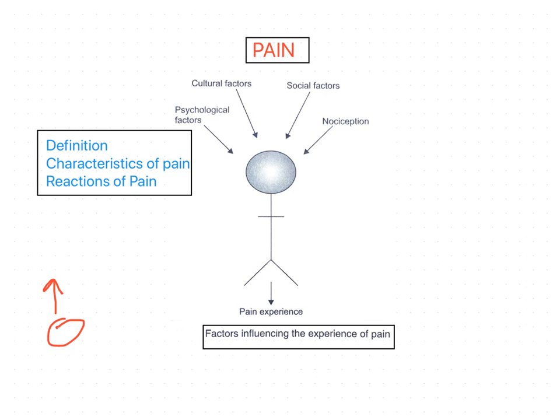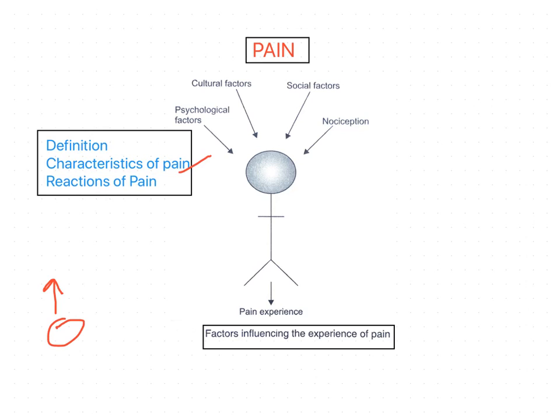And if you see the localization of pain, superficial pain is better localized than deep pain. Pain sensations are always accompanied by emotions. If the rate of tissue injury is high, the intensity of the pain will be high. These are the characteristics of pain.